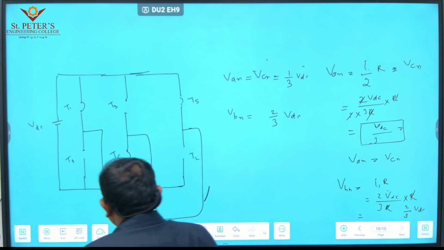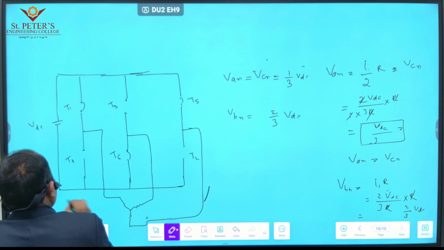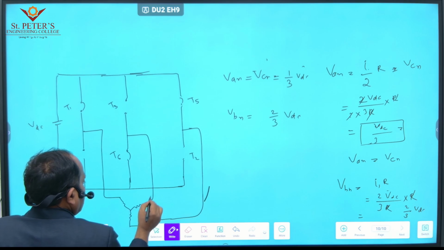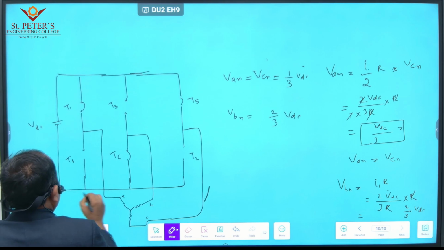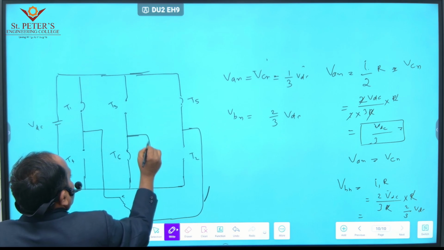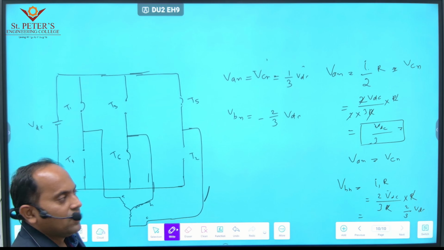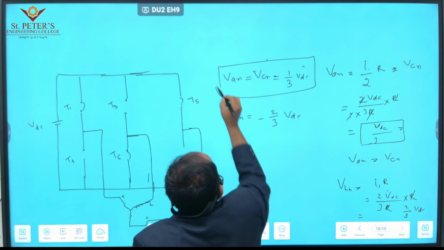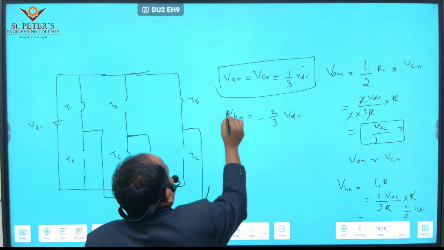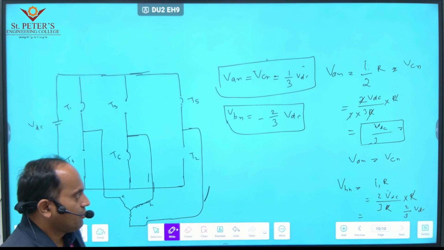But from the diagram we can see the negative terminal is connected to the B phase. Yes or no? Negative terminal is connected to the B phase, this one. So this voltage is a negative value. So finally VAN and VCN are both equal, that is 1 by 3 VDC, and VBN is 2 by 3 VDC.